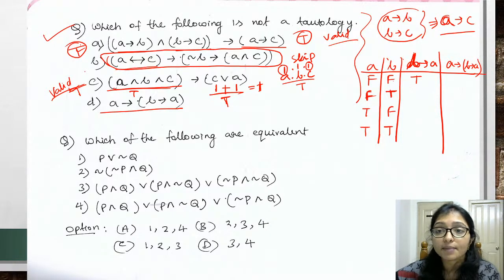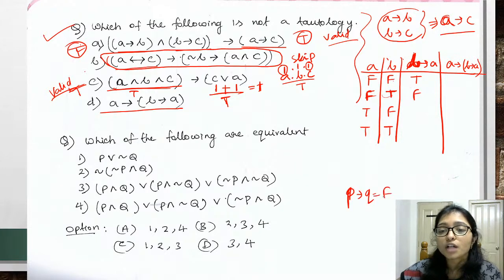B implies A. Remember that it is not A implies B. It is B implies A. So, if B is true and A is false, then it is false. P implies Q. When P implies Q is false, when P is true, Q is false, then it is coming false. Here B is true and A is false. That's why this is false. If this is false, if this is true, then it is true, and true, true is true, right?